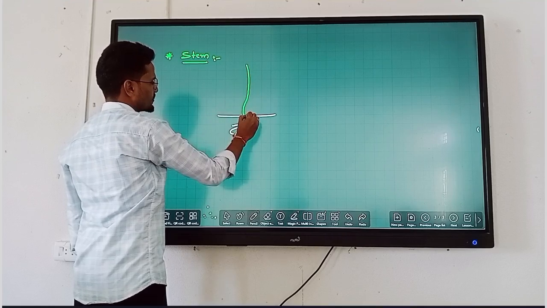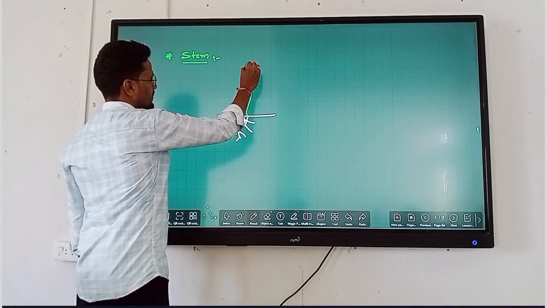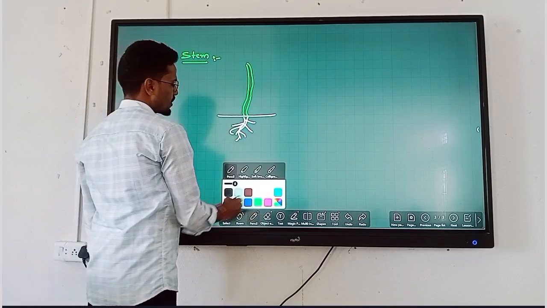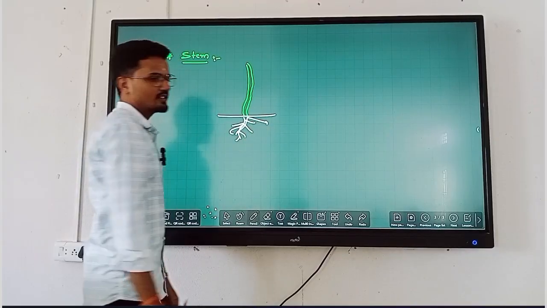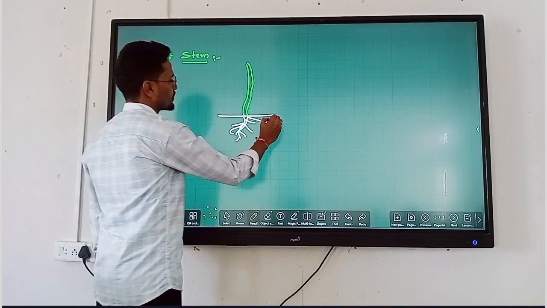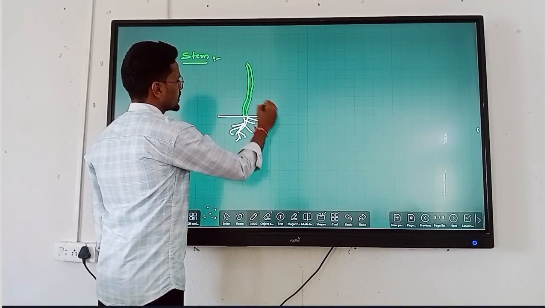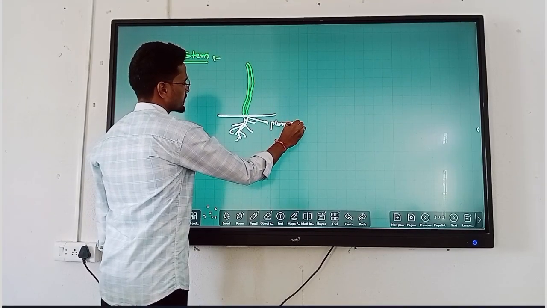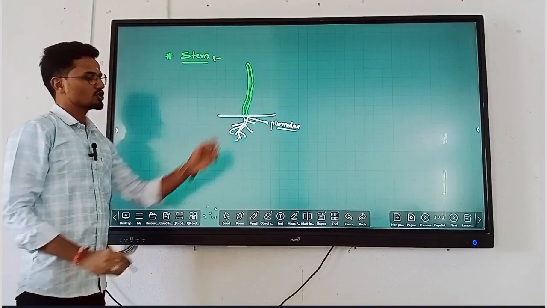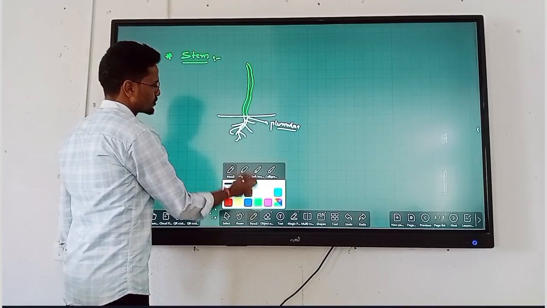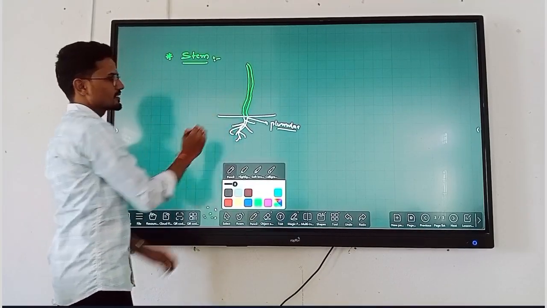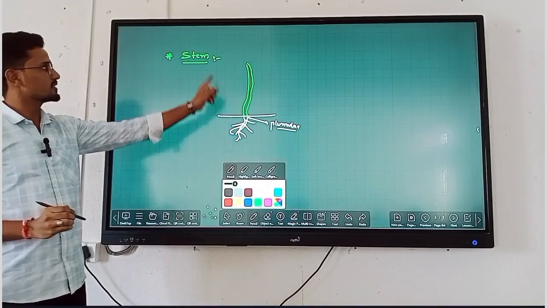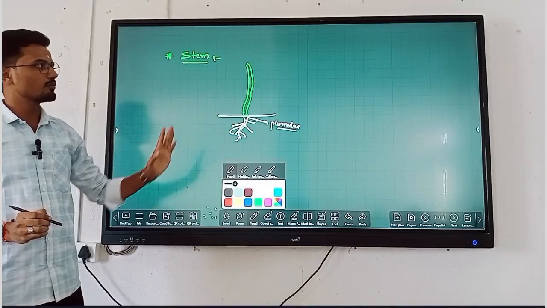It arises from the embryonic axis, that is, from the plumule. From the plumule, the shoot portion arises, and in the shoot portion the stem arises.